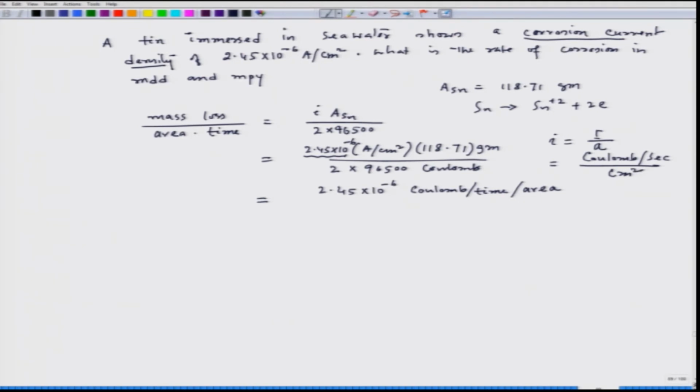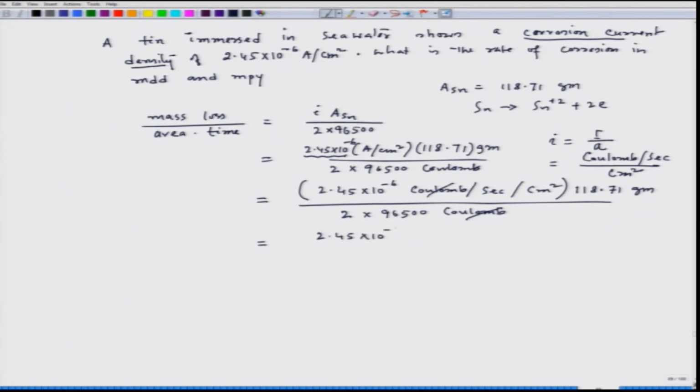So, I can write this time as second, area in centimeter square, 118.71 gram, and this becomes 2 into 96500 coulomb. So, this coulomb would get cancelled.